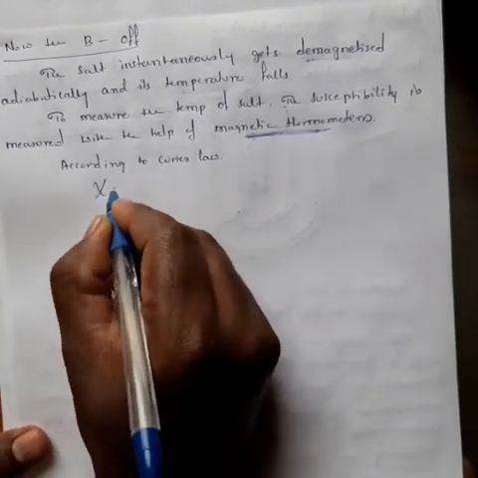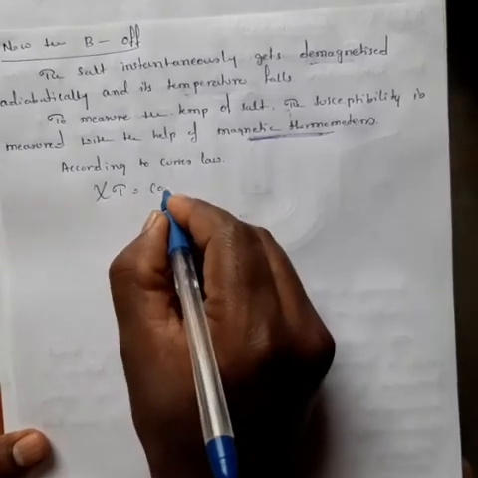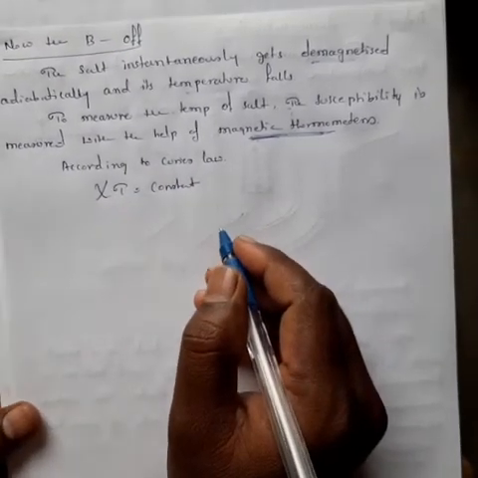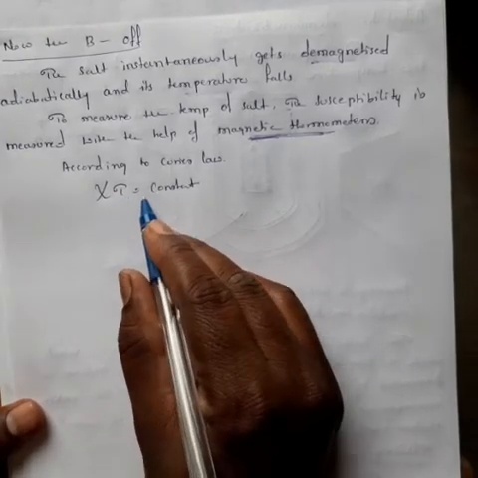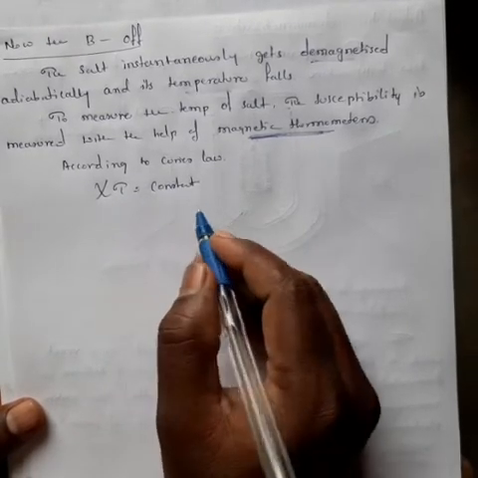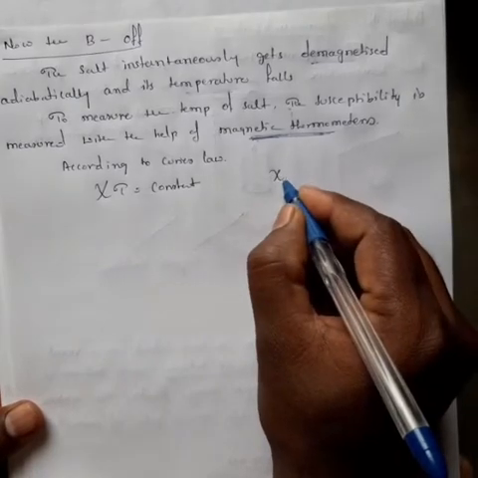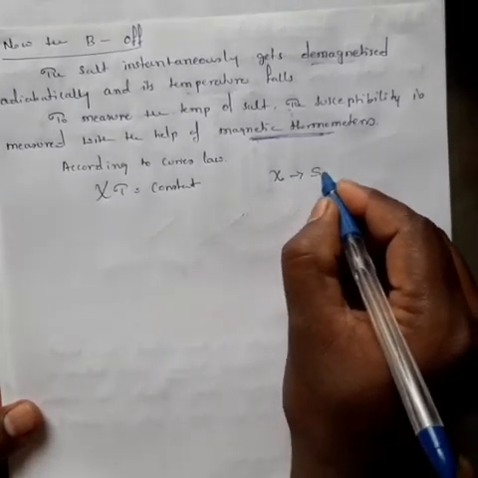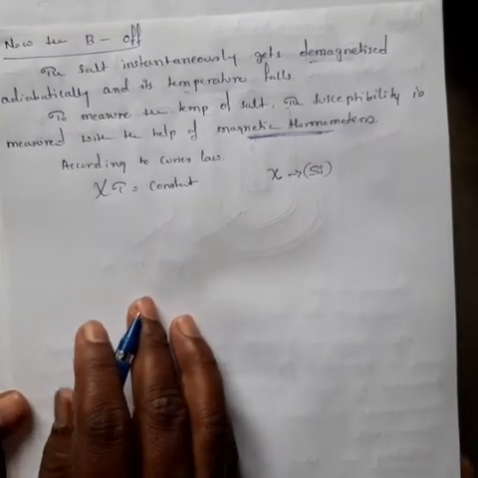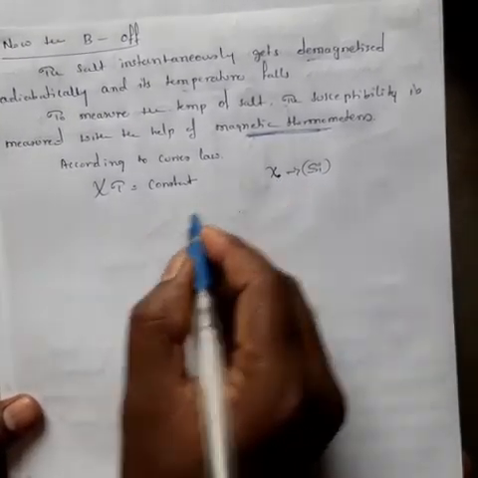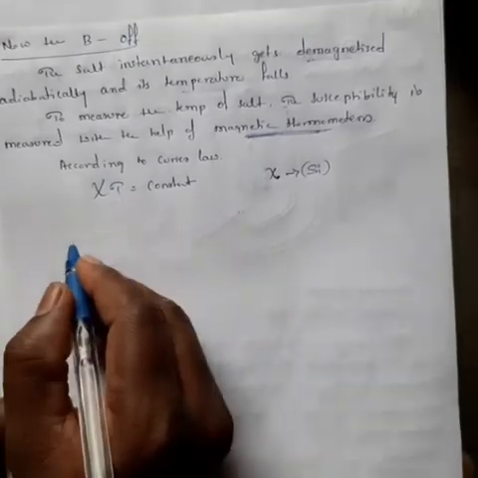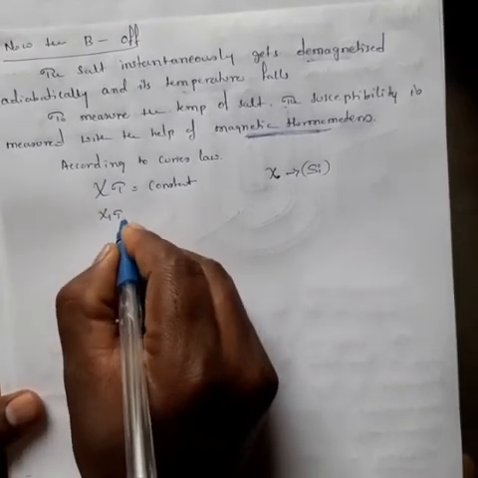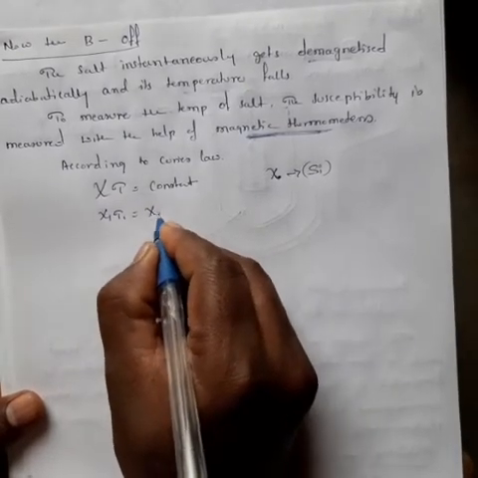Psi T is equal to constant. We discussed this in the PU section, that is Curie's law: psi T is equal to constant. Here psi represents the susceptibility. Now if we simplify this, we get psi 1 T1 equal to psi 2 T2.